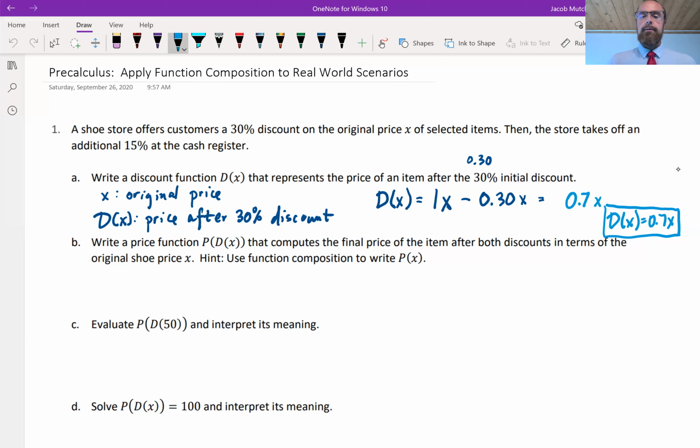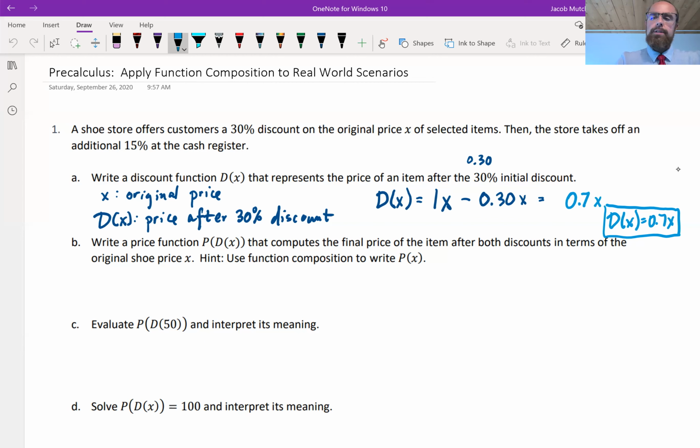We have a hint here. That's how we'll create this function P of d of x. So what we need to do again is pick up and define what P of d of x will look like, and then we'll make our composition to actually get a specific function.